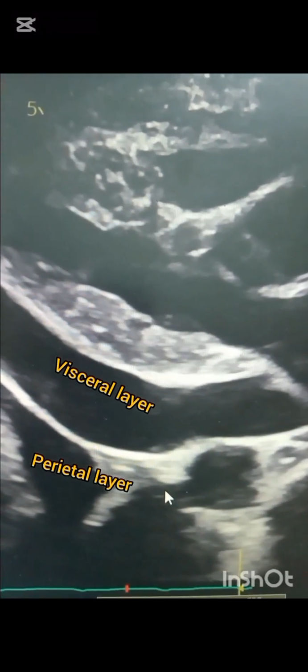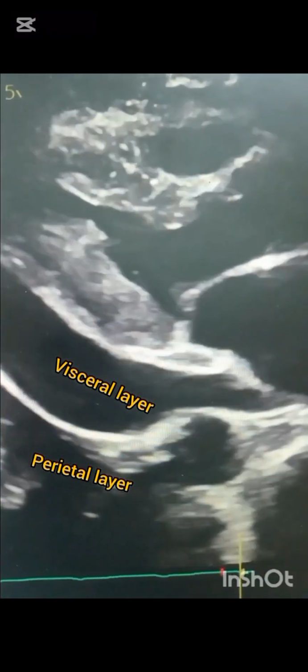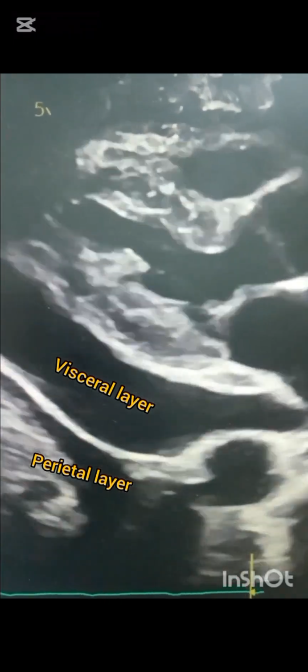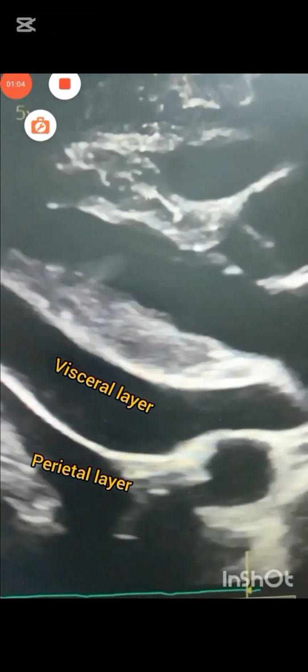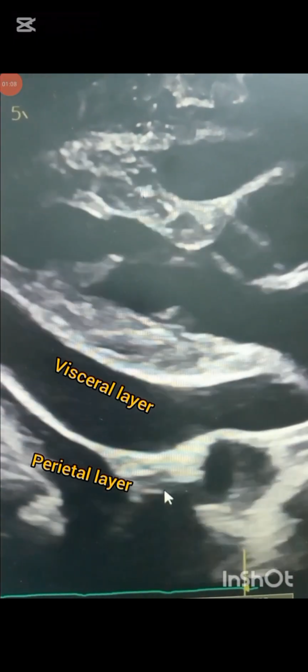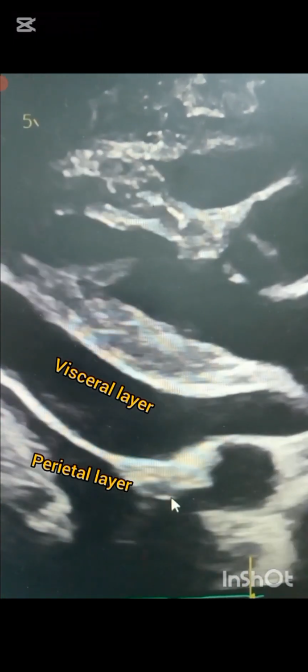Let's begin at the very foundation: what the pericardium is, what it does, and why understanding it could make the difference between life and death. The anatomy of the pericardium consists of two layers.